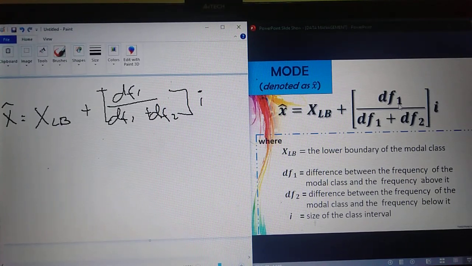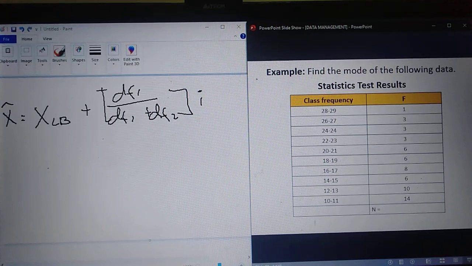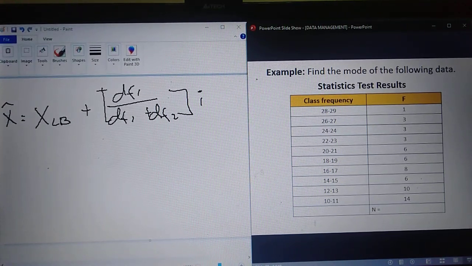Dito guys, kapag may exam, kapag hanapin natin ang mode for group data, hindi mo na kailangan magdagdag pa ng isang table. Focus lang tayo sa mga frequency niya. Kung ang mode sa ungroup ay yung may pinakamaraming ulit, dito naman sa group data, yung may pinakamataas na frequency, that will be the mode.